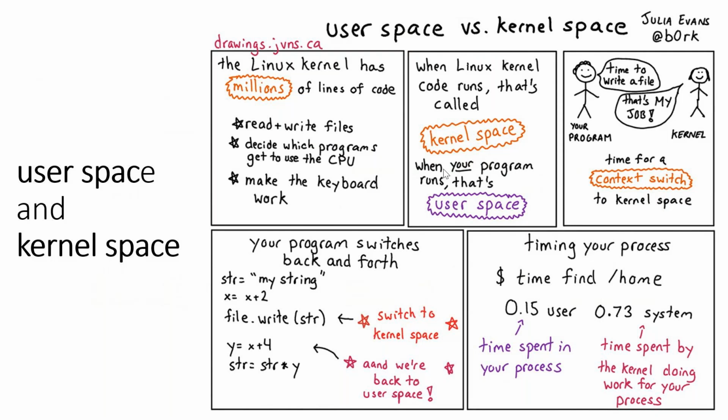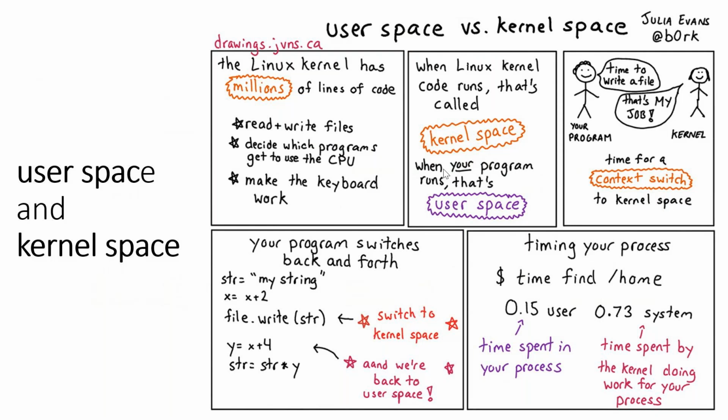After this, there's something called context switching. What is context switching? See here, your program needs to write a file. That's the kernel's job. Anything you ask for, everything is done by the kernel actually.